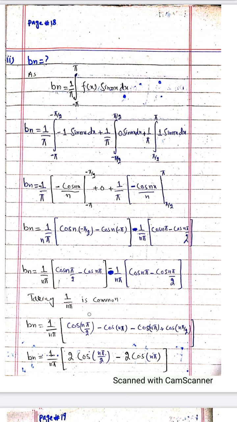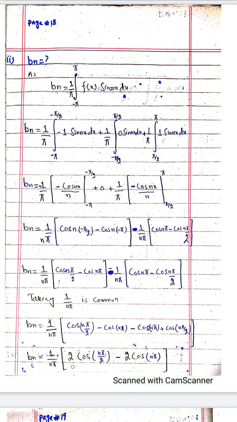Taking 1 over n pi common, so bn is equal to 1 over n pi. This is cos n pi divided by 2 minus cos n pi, so this minus multiplied gives minus cos n pi, plus this minus multiplied by minus, so cos n pi divided by 2.